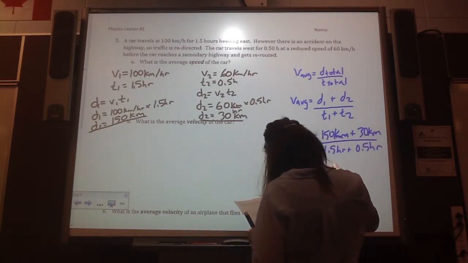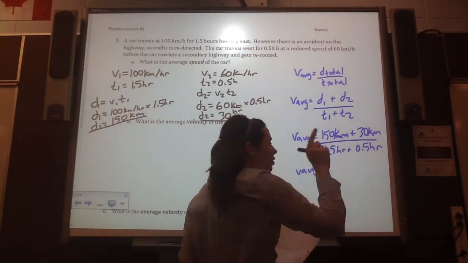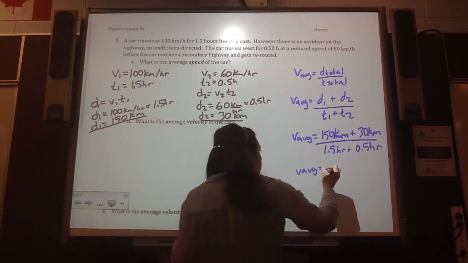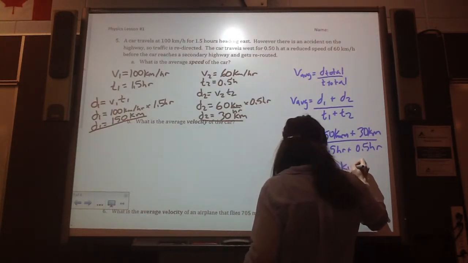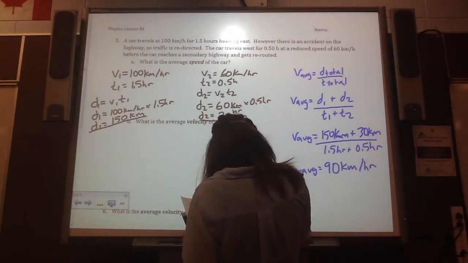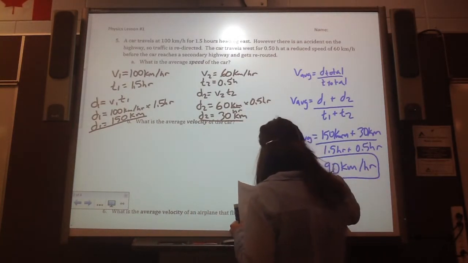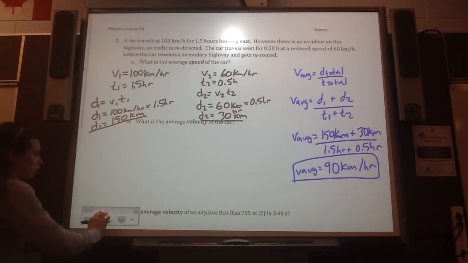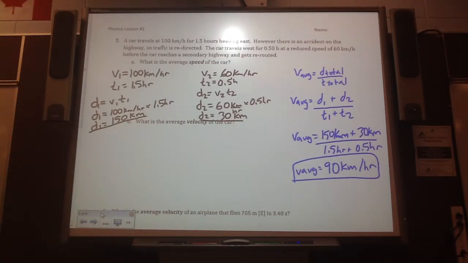So our V average then, you guys should put it in, see what you get. What do you get? 90. 90 kilometers an hour. And our sig digs are 2, so this is good to go. Okay. Any questions about that one, about 5A?